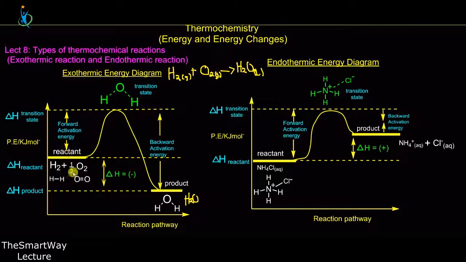So when you subtract the enthalpy of the reactant away from the enthalpy of the product, because the reactant is of higher energy value, if you consider here to be 15 and here to be 10, you have 10 minus 15, and the result becomes negative.